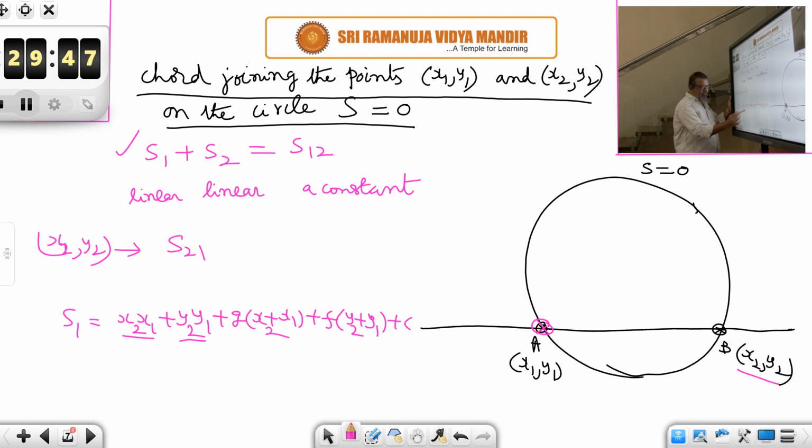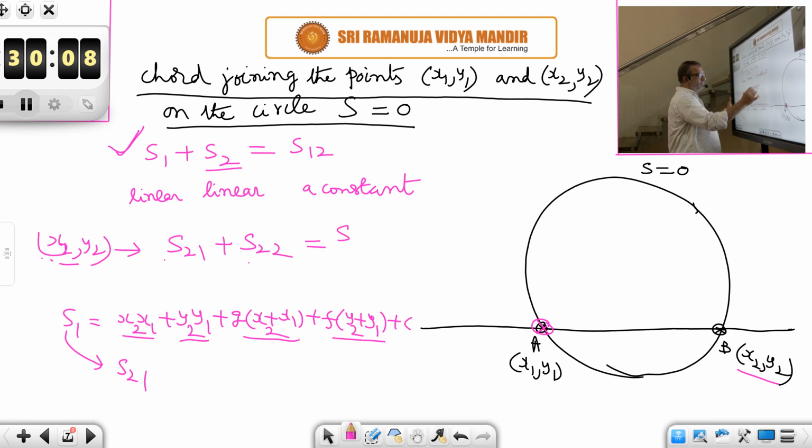So S1 will become S21. So by substituting x2, y2 in this equation, I am getting S21 plus S22. In S2, if you substitute x2, y2, you will get S22. Right side, nothing to substitute, it is a constant, S12.